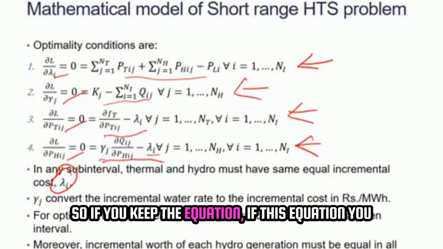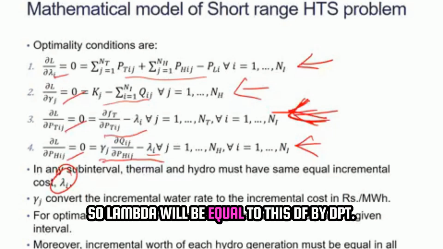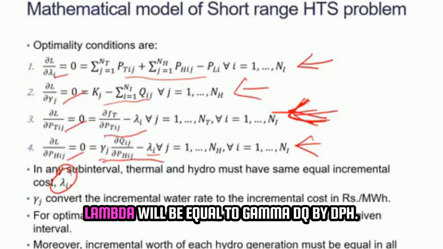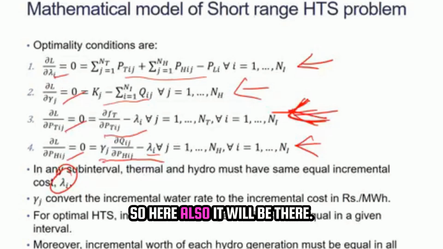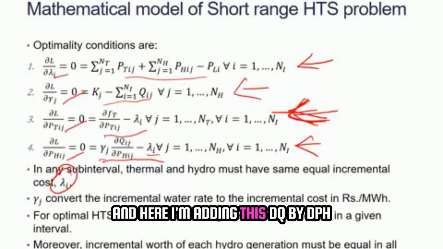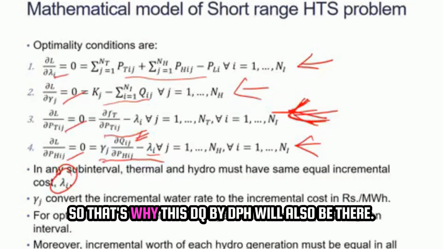If you make this equation equal to 0, lambda will be equal to df by dpt, and again below in the fourth equation lambda will be equal to gamma dq by dph. Here I'm adding this dq by dph because q is also a function of ph, so that's why this dq by dph will also be there.